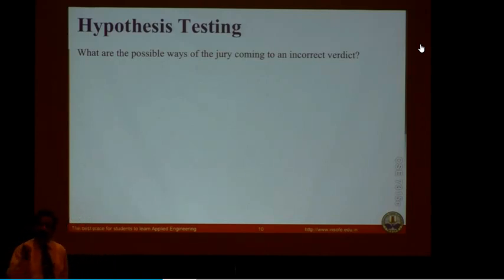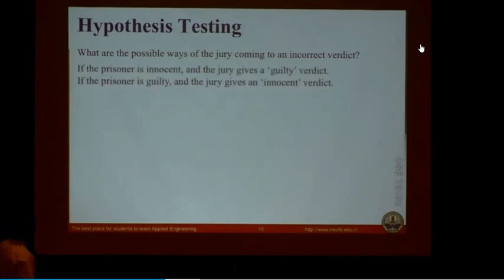Exactly. The prisoner is guilty, but you find him innocent. The other one: the prisoner is innocent, you find him guilty. Two mistakes you will make. If the prisoner is innocent and you find him innocent, good. If the prisoner is guilty and you find him guilty, even better. So which one is type 1 and which one is type 2? This is where I ask.